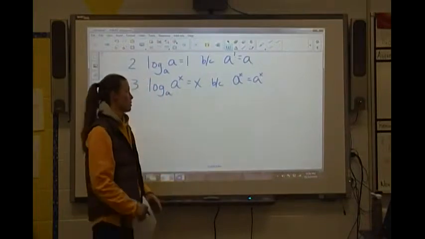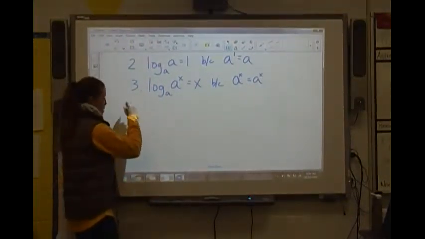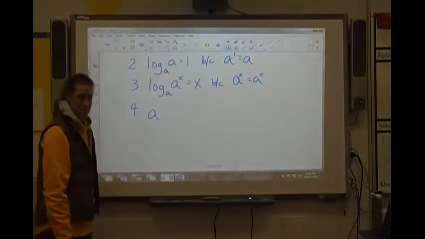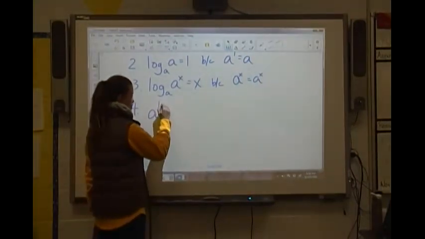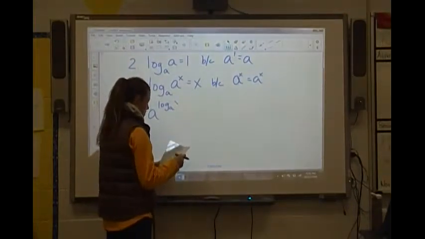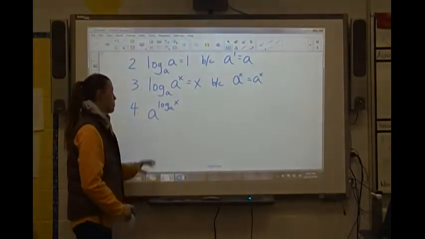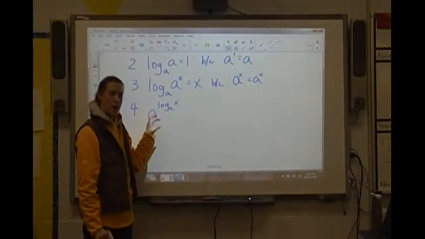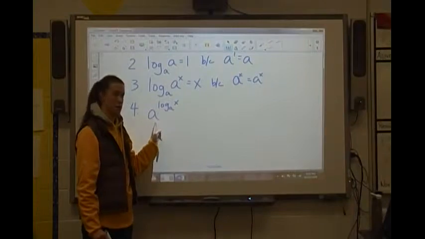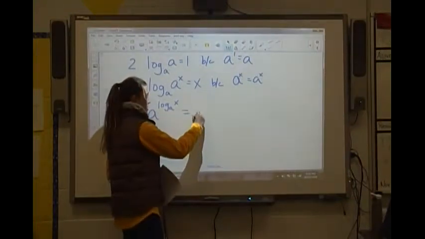Now this next rule, actually we're going to start it in exponential form because it makes more sense in exponential form. So if I have a base of A, and I raise that to a power of log base A of x. So if my exponent on my base of A has the same base on the log as that base, then my result is actually going to be x.